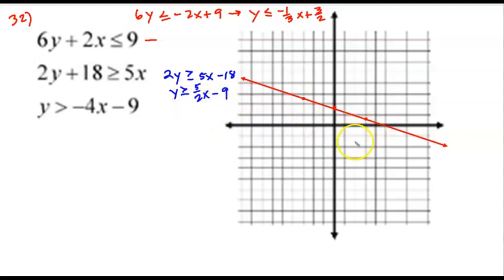Okay, we'll start at negative 9 on the y and do a slope of positive 5 halves, so up 5, right 2, and connect.